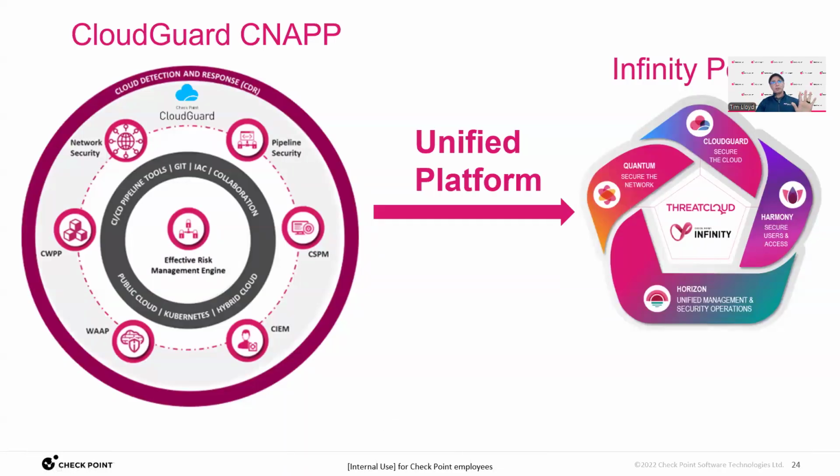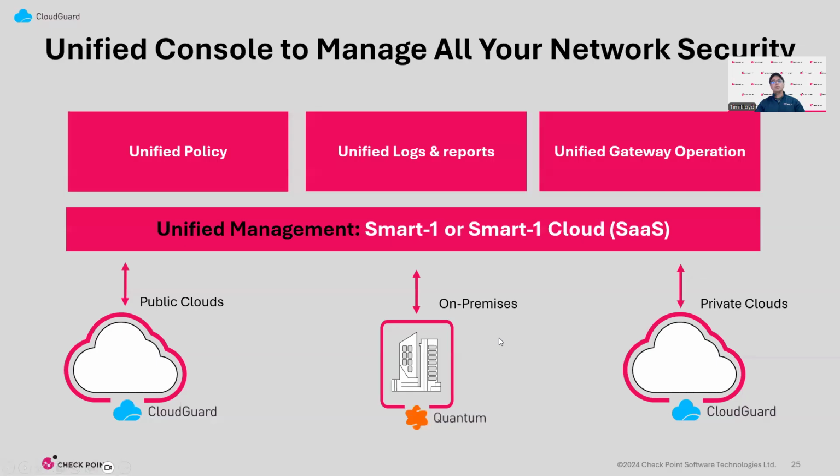On the left, you've got our CNAPP wheel, the 6 components that we had briefly looked at and mentioned earlier, which I'm going to show you in more detail, but it's managed on a unified platform, which is critical. When you have a unified platform, you have the power to gain extremely valuable insights, right?